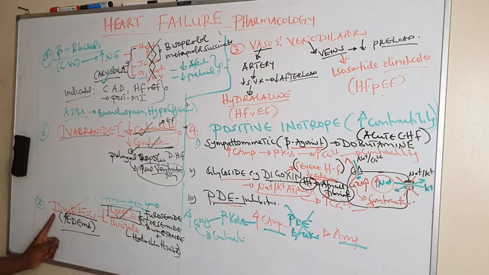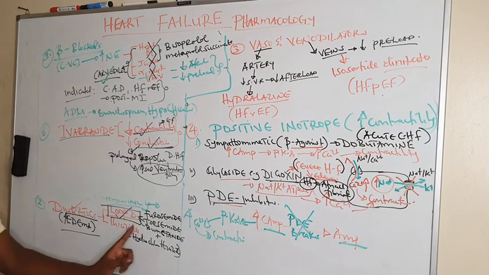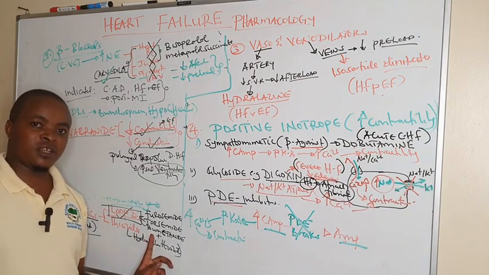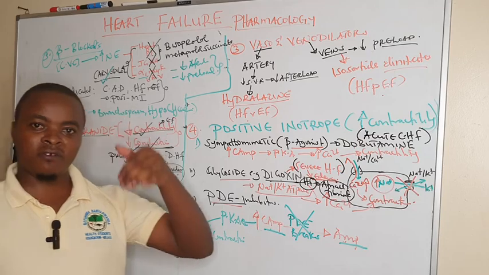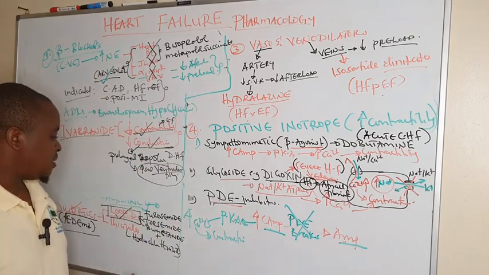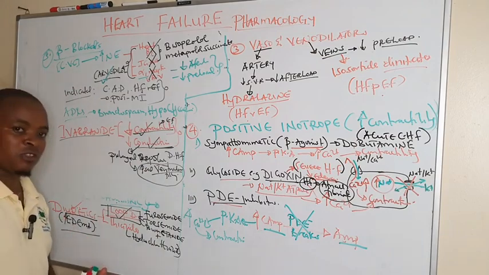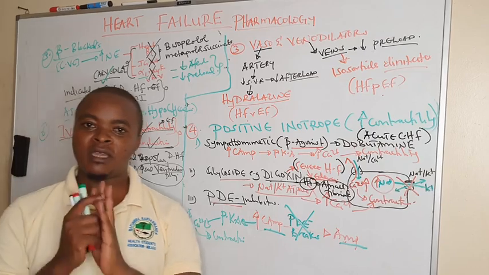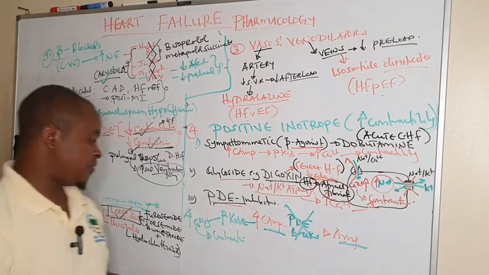Then the second was diuretics, especially the loop diuretics, which decrease both afterload and preload. And when it happens, we saw that they can be used in treatment of pulmonary and peripheral edema. So that is the one of choice.